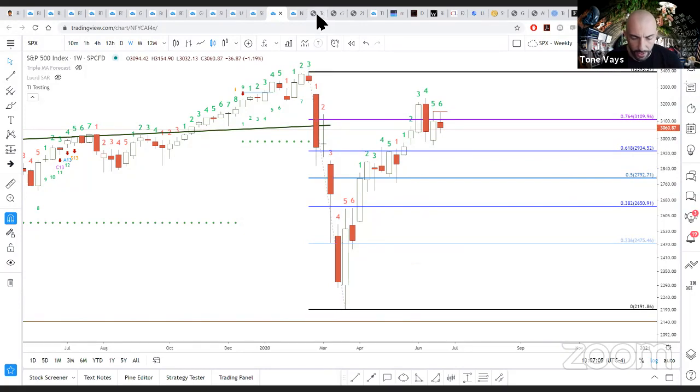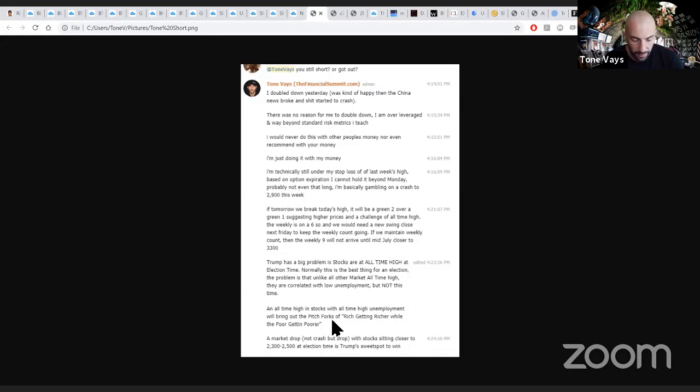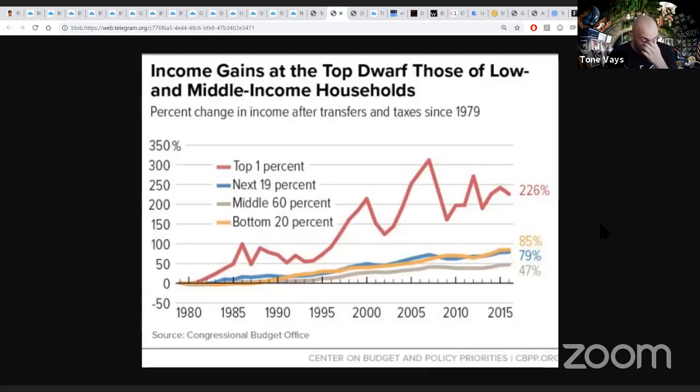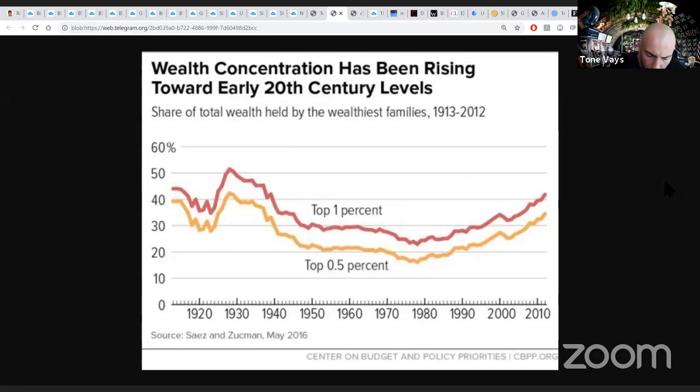So I have other reasons. Once I mentioned this rich getting richer, poor getting poorer, people in my chat group showed these charts, and they're very, very interesting. There's two of them. This one came out first, and I know they're a little bit old. 2016 is a long time ago.